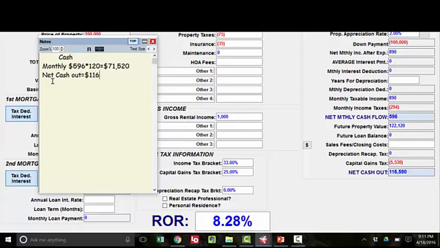So that's 116,590. Okay, now we need to subtract out what you invested in this. So we have to subtract out a negative 100,000 because that's what you contributed to start this business.